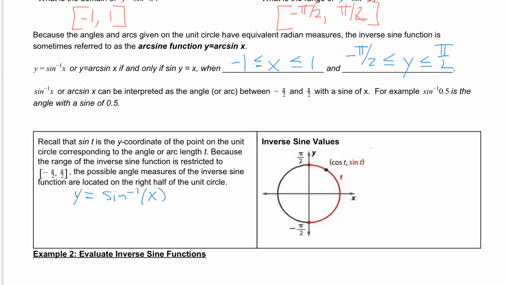So if x is greater than 0, then our y value is going to lie in quadrant 1, between 0 and pi over 2. So this is quadrant 1 right here.